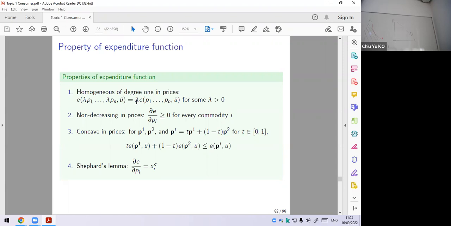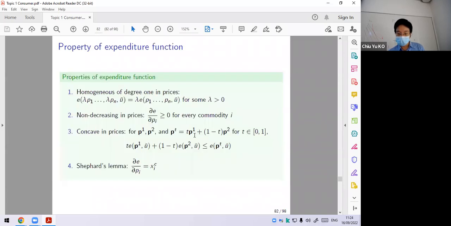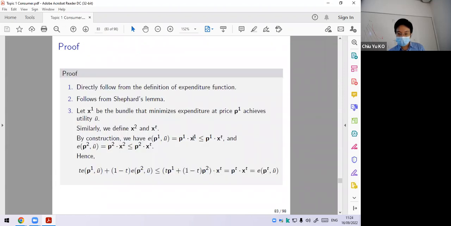Okay, looks a little bit tricky. Do I prove it? Okay, I do prove it. Let's see, do I want to prove it?